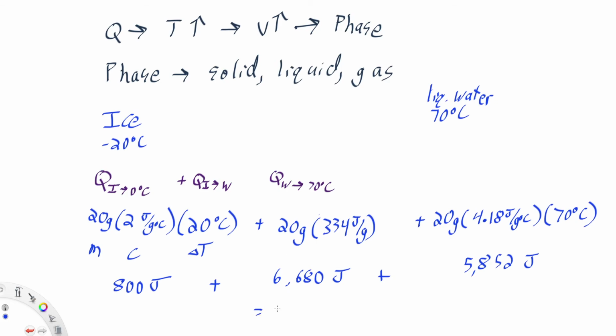So in total, it's going to take 13,300 joules to start turning your ice into a latte. So this middle term is a mass times the latent heat per mass.